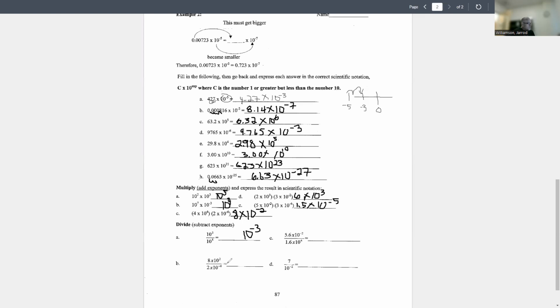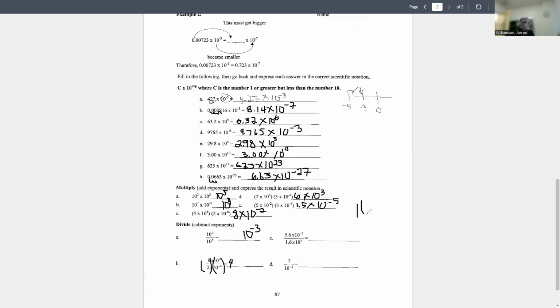8 divided by 2 is 4. Right? I can do it like this. I can do that piece. Now I can do this piece. Do this piece. 8 divided by 2 is 4. 10 to the 2 divided by 10 to the negative 6.